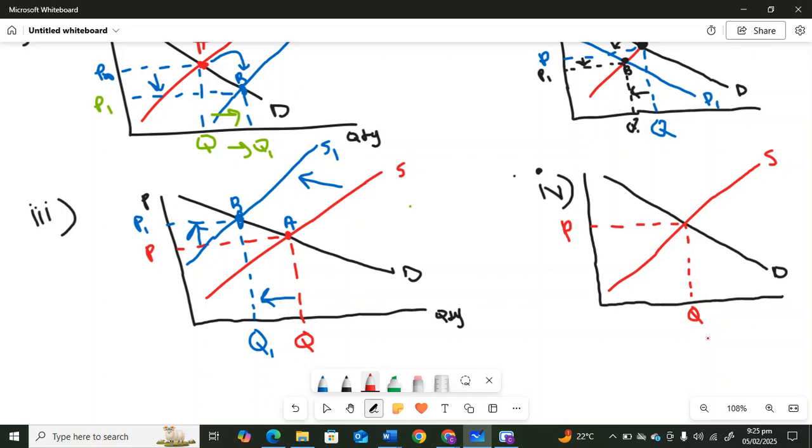So our demand curve shifts upwards, right?